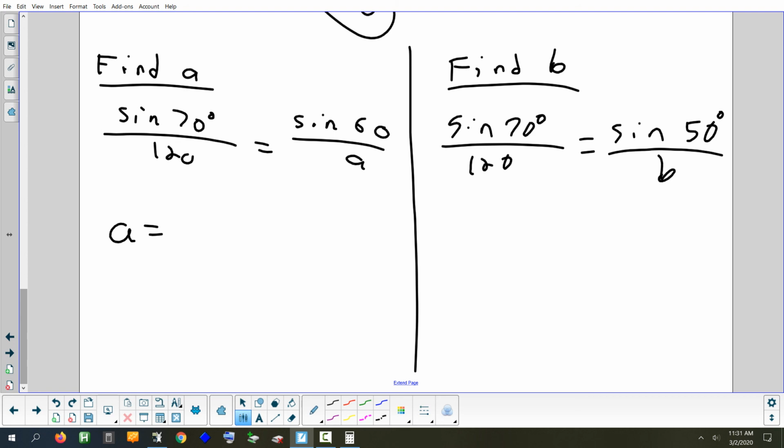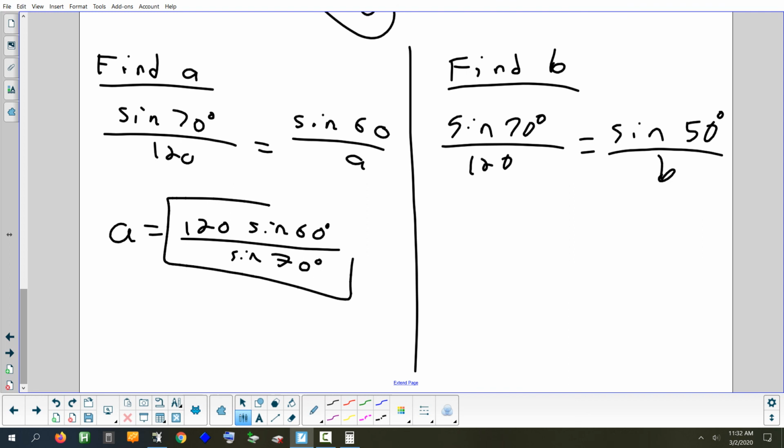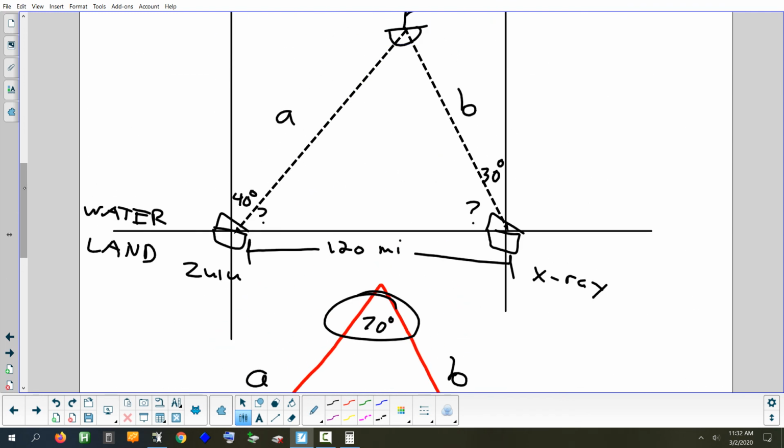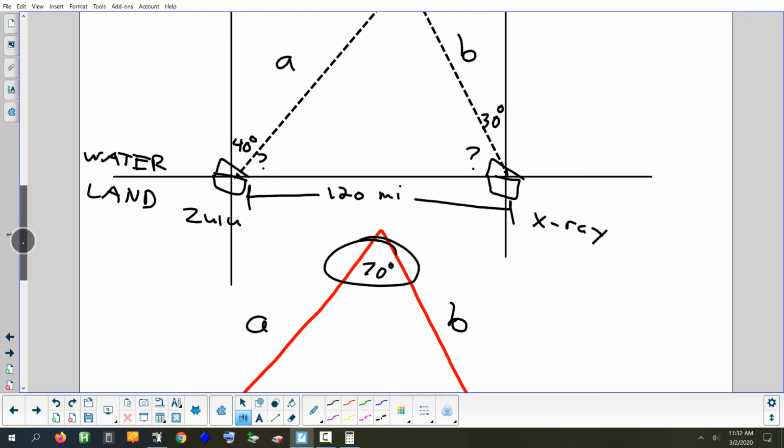Okay. So what do I get? You don't have to give me the decimal yet, but when you get A by itself, what times what divided by what? It'd be 120 times sine of 60 over sine of 70. So type that in. That'll tell you A, which is the distance from the boat to Zulu.